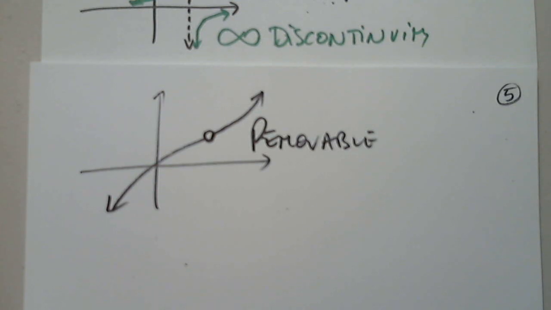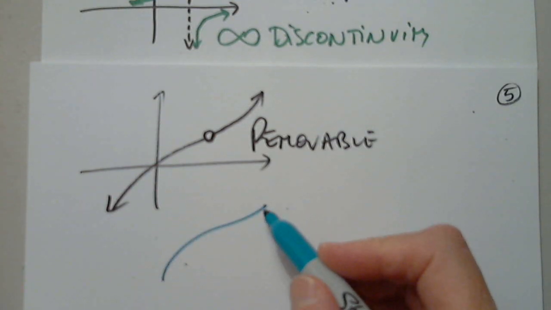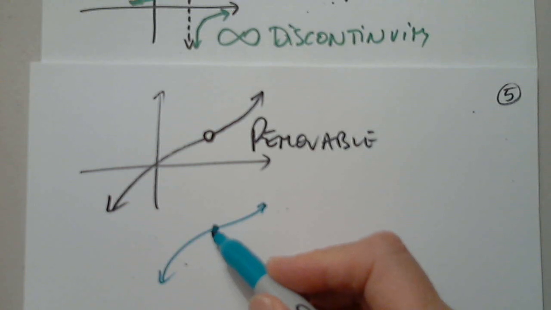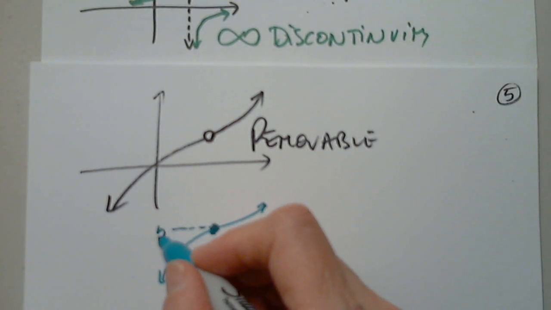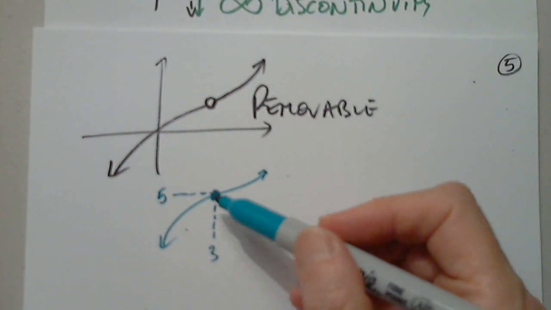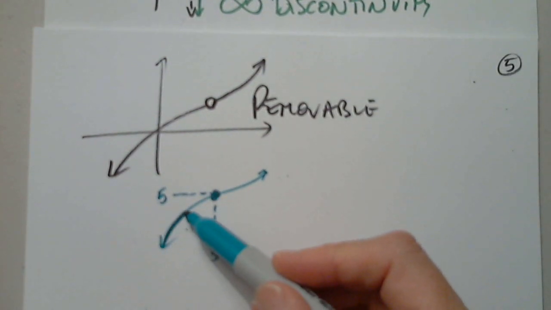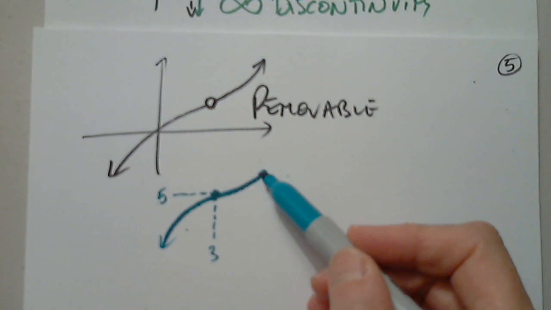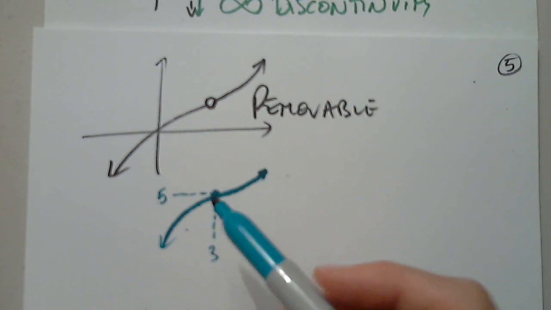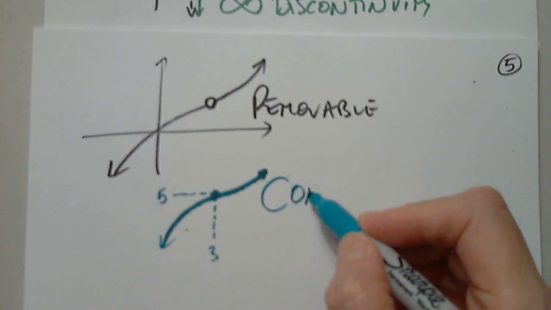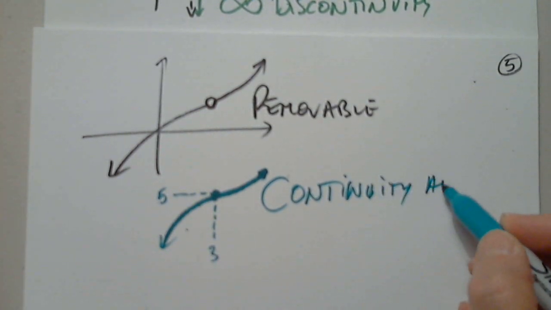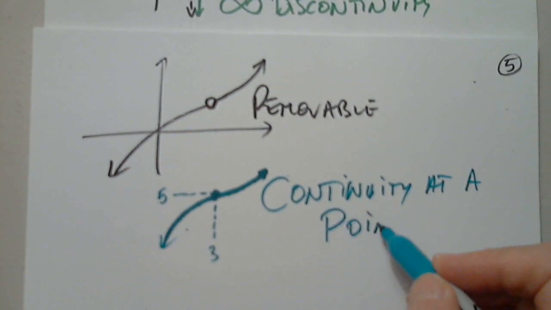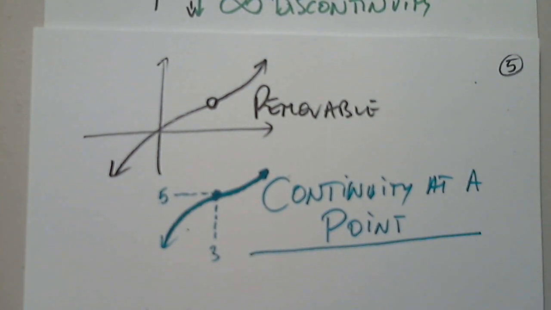So let's analyze this situation. At this point, let's say (3, 5), is this function continuous? Yes. Continuity at a point. Here is what is required for continuity at a point.